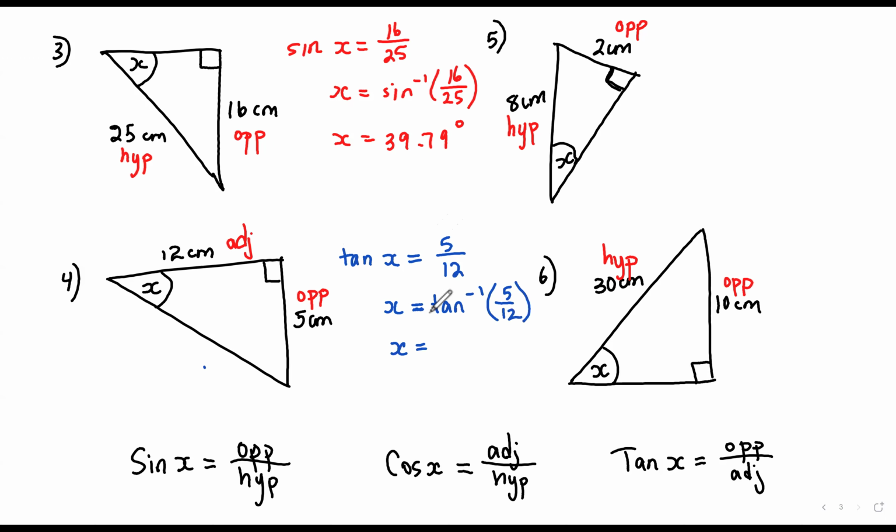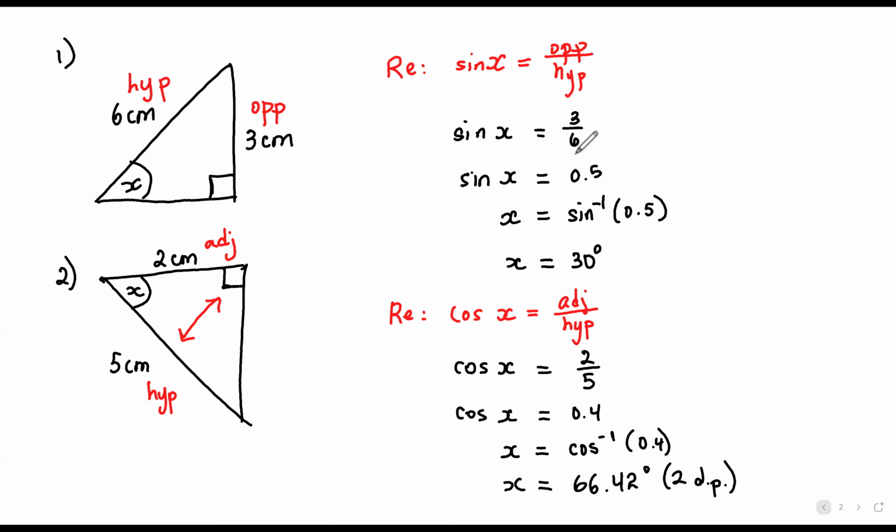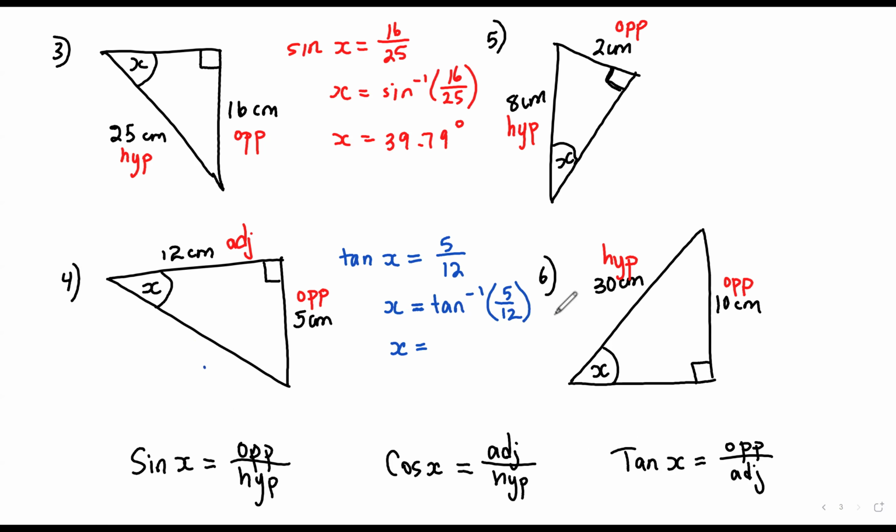Like I said in the previous ones, I worked out what the fraction was equal to as a decimal, but you don't need to do that. You can literally type it in on your calculator as tan inverse of 5 over 12, and you'll still get the correct answer, which is 22.62 if you round it off to 2 decimal places.